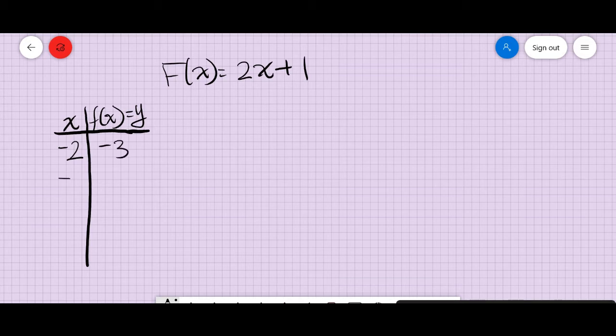When x is equal to minus 1, y is 2 times minus 1, that's minus 2, plus 1 is minus 1. When x is equal to 0, y is 1. When x is 1, y is 2 plus 1 is 3. Okay, when x is 2, y is 5.